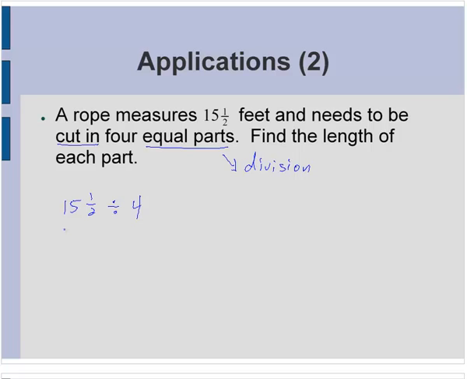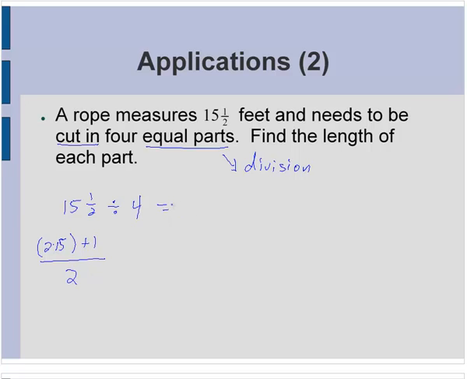Okay, now hopefully you remember something from pre-algebra or somewhere in the past. To change 15 1/2 to a fraction, we would say 2 times 15 plus 1, so denominator times whole number plus numerator, and write that over the denominator again.